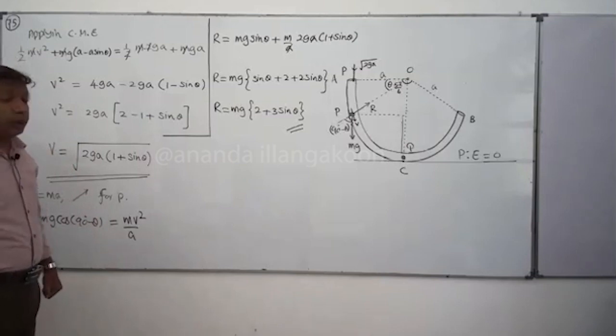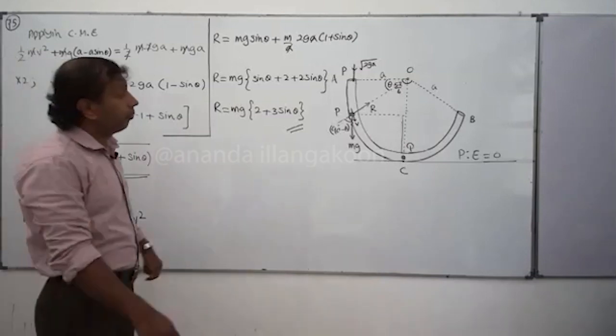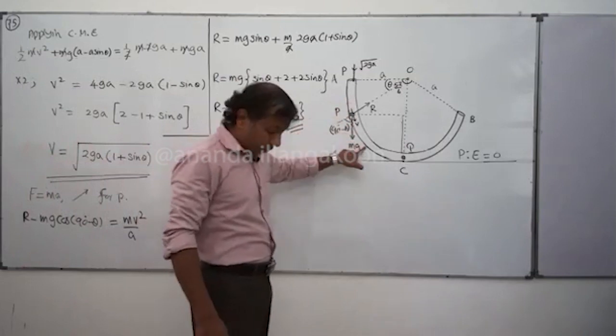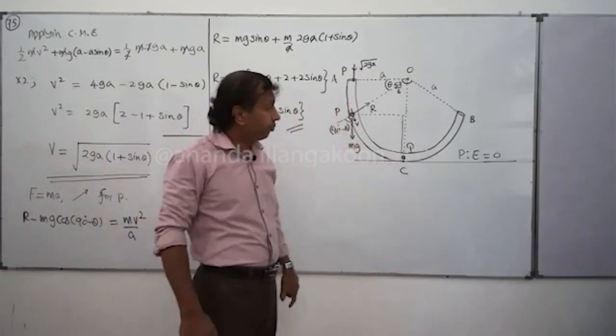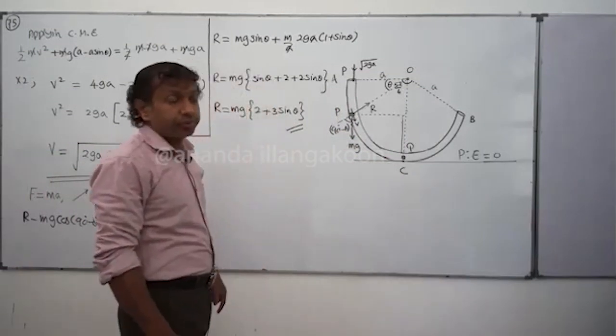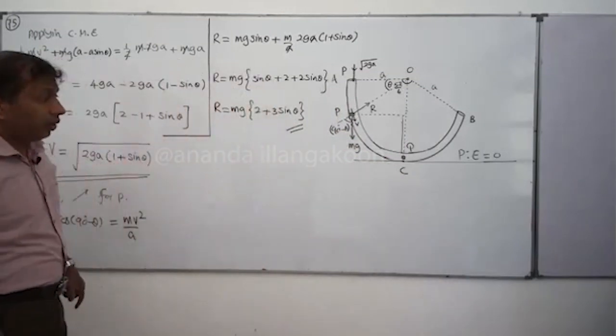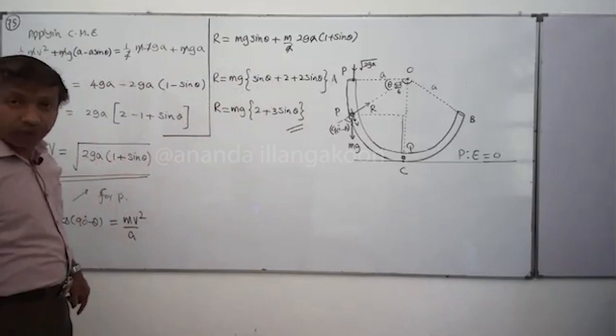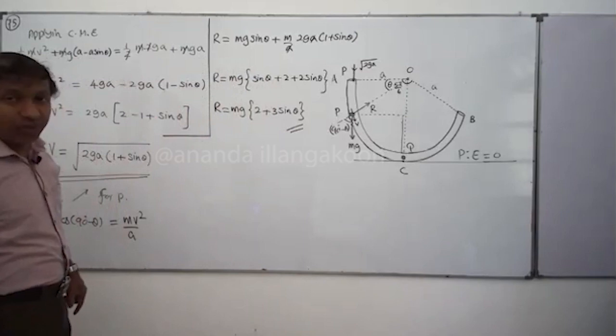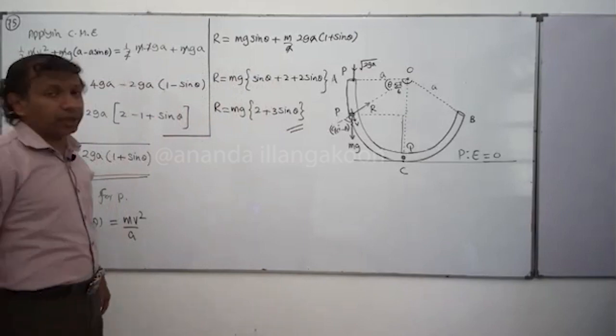Now the particle P moves inside the tube and reaches the lowest level C. We are asked to find the velocity of P just before reaching point C, meaning just before the impact.